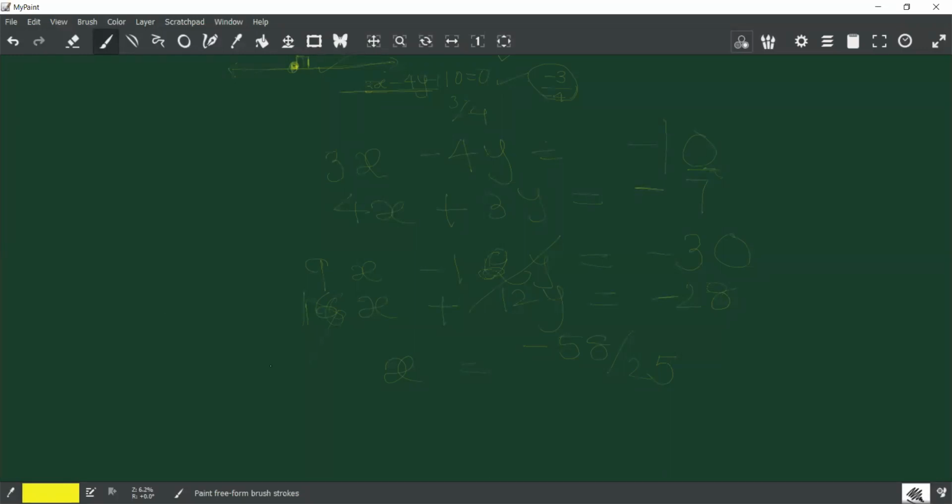So 19 by 25 आएगा y. इसमें डाल दो. तो पॉइंट आएगा minus 58 upon 25, 19 upon 25. Got it?